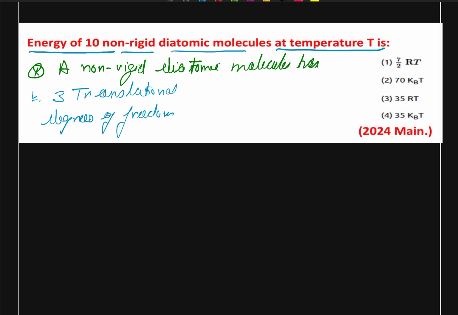Therefore, it is going to have energy of 3 by 2 kT per molecule.